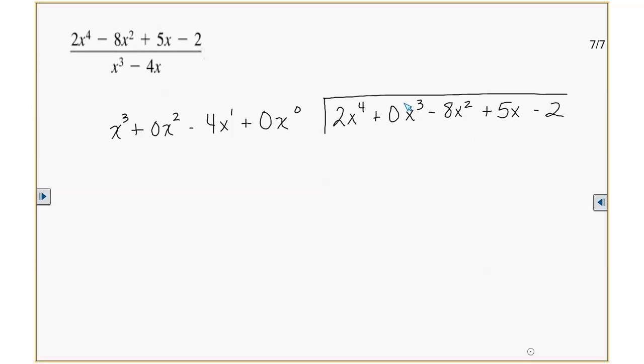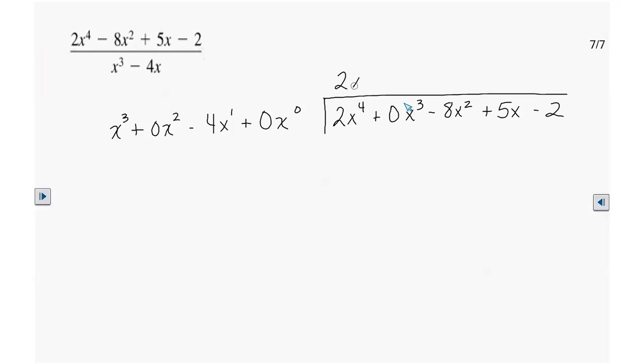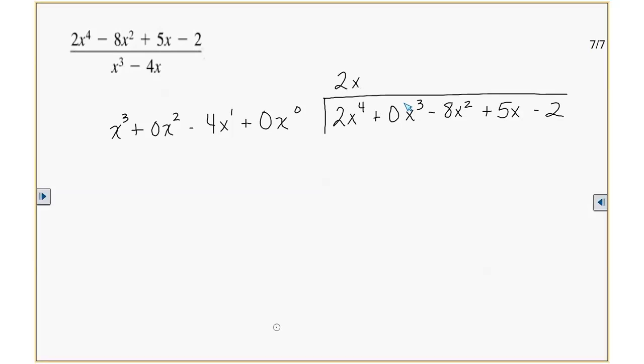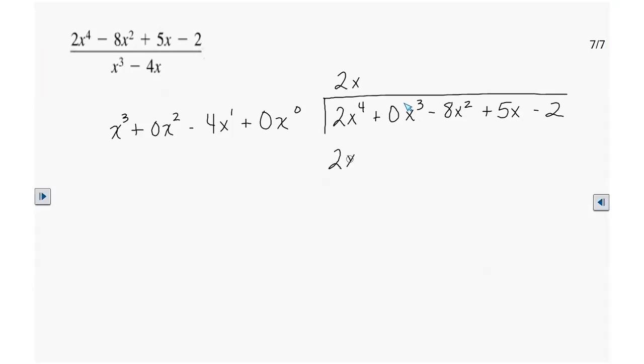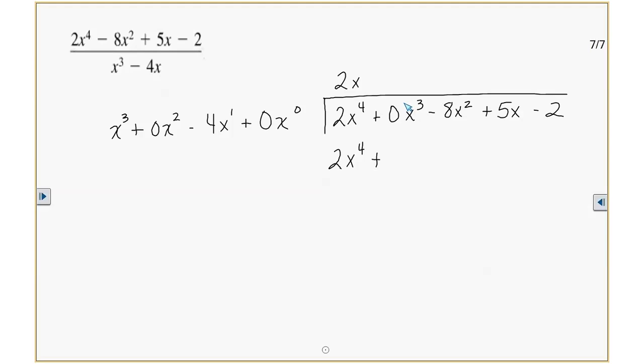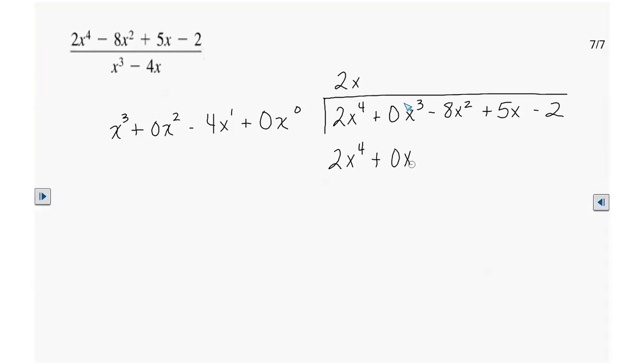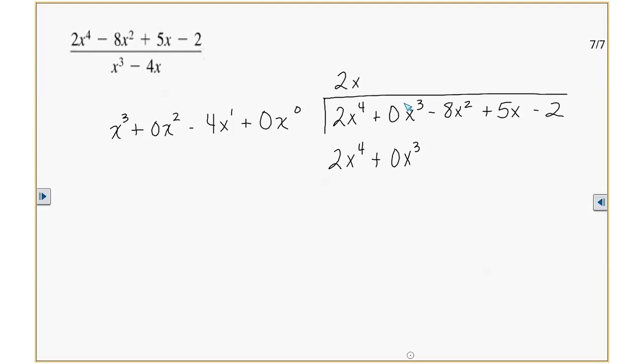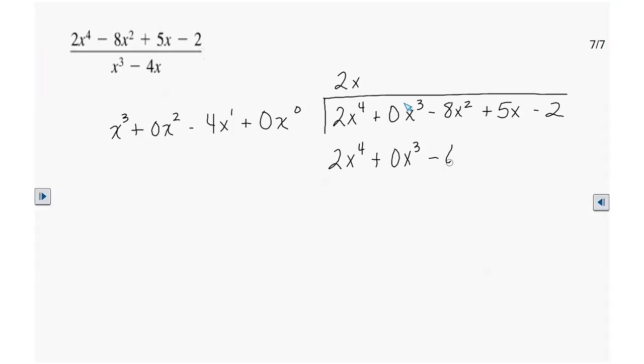So, how many times will x to the third, remember your exponents, go into 2x to the fourth? 2x times. What's 2x times x to the third? 2x to the fourth. There you go. 2 times 0 is 0x to the third. 2 times negative 4 is negative 8x squared.